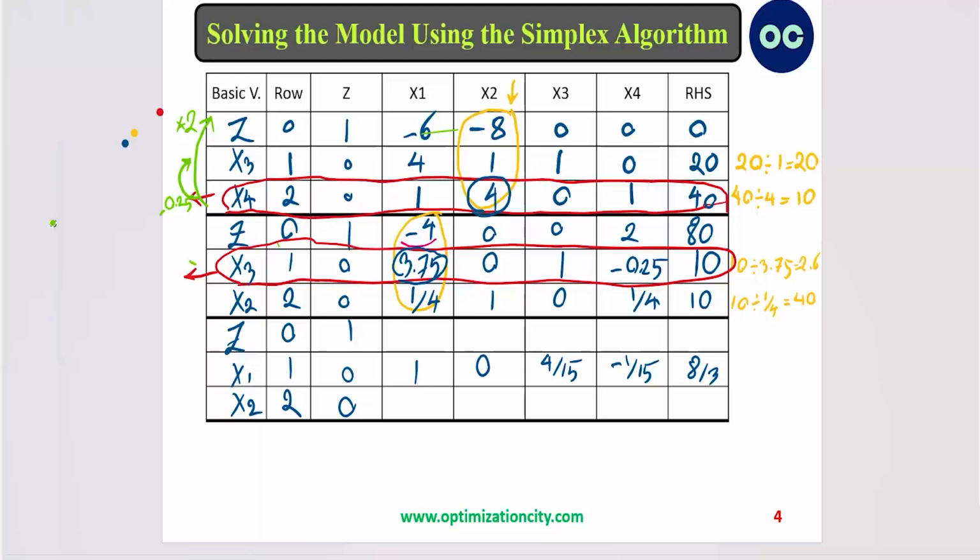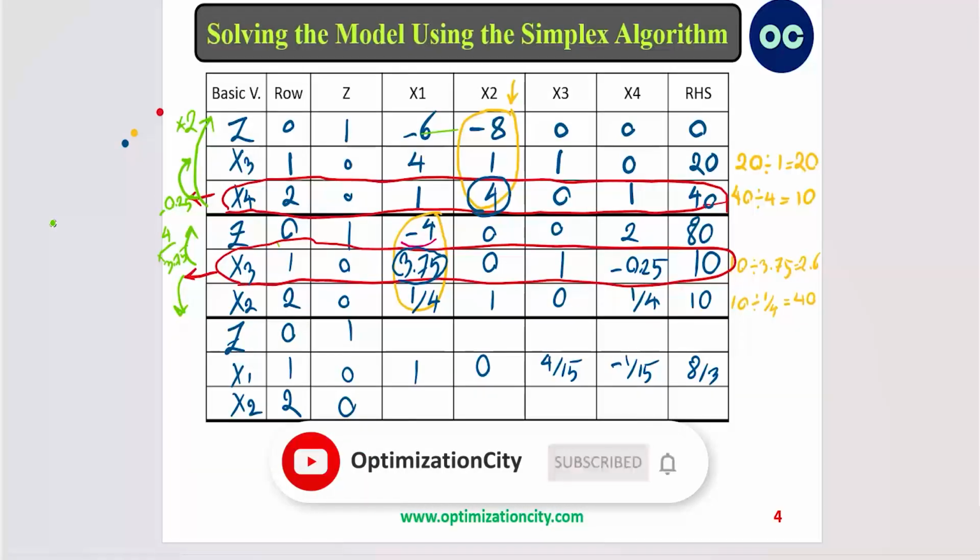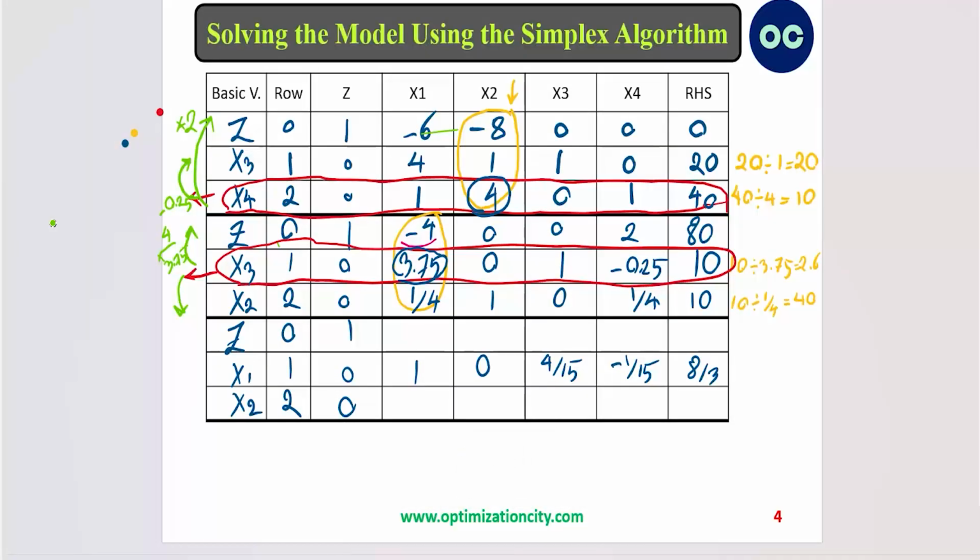We multiply row number 1 by 4 divided by 3, and add to row number 0. And to make 1 over 4 into 0, we need to multiply row number 1 by this number and add to row number 2.